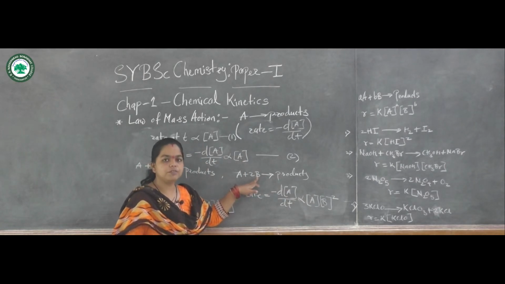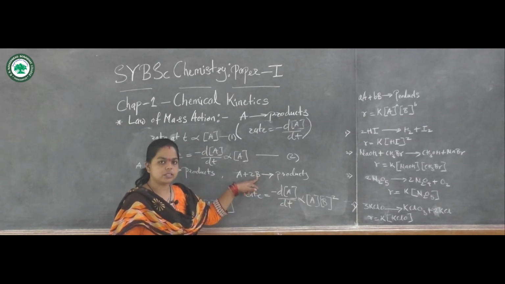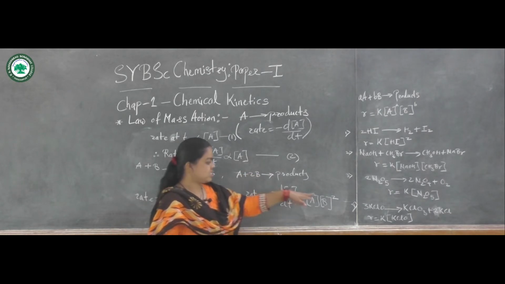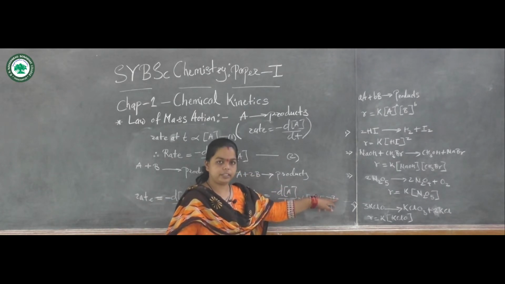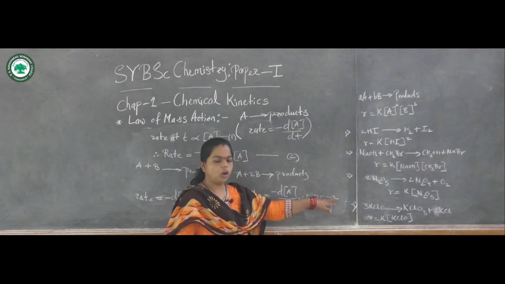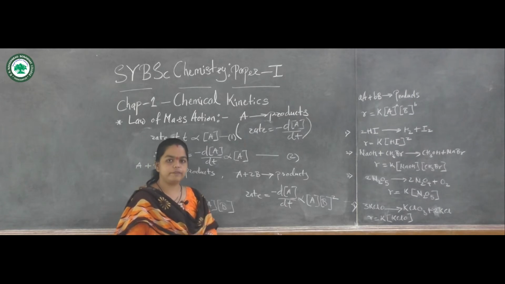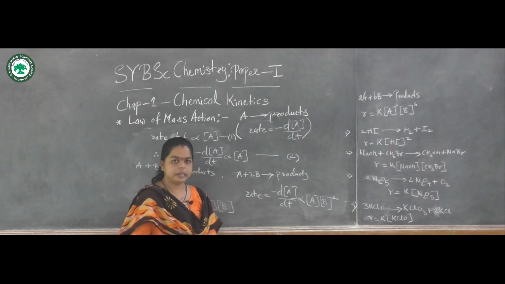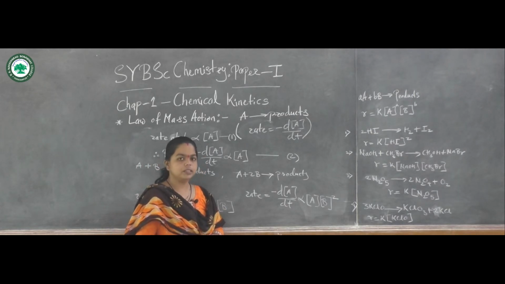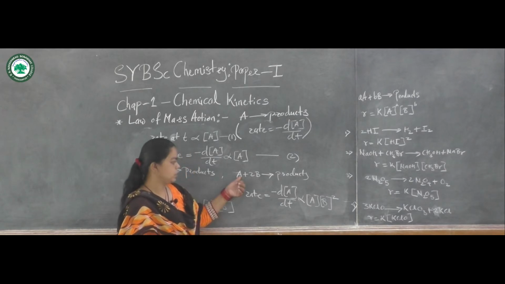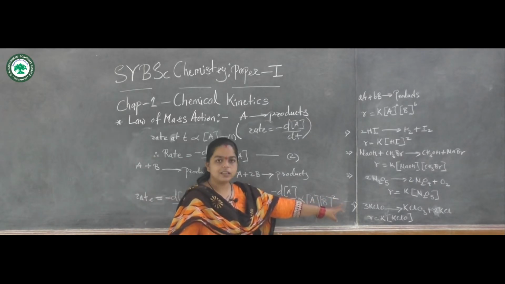So whatever coefficient is present on the reaction side will go to the exponent in the rate law or law of mass action. From this we can conclude that the stoichiometric coefficients present in the reaction for the reactants will go to the exponents in the rate equation.